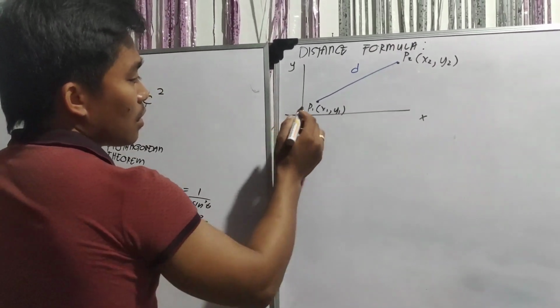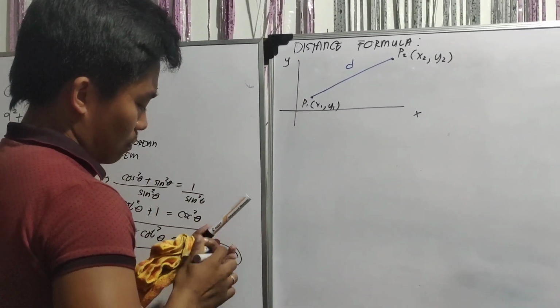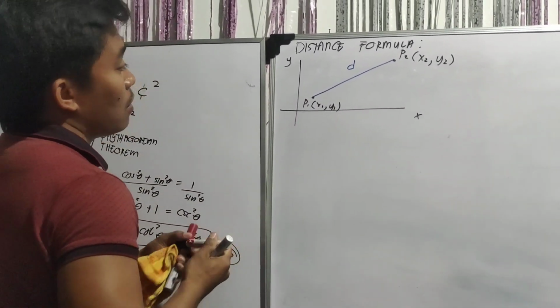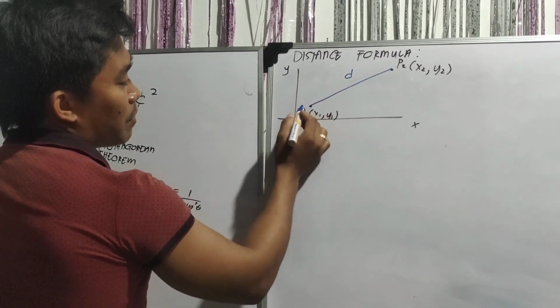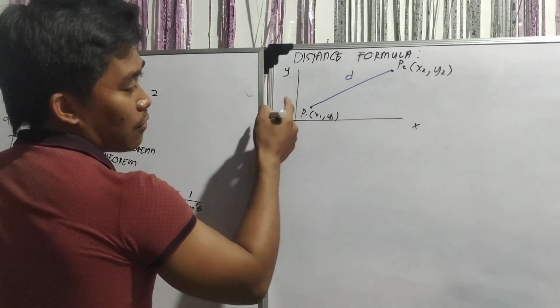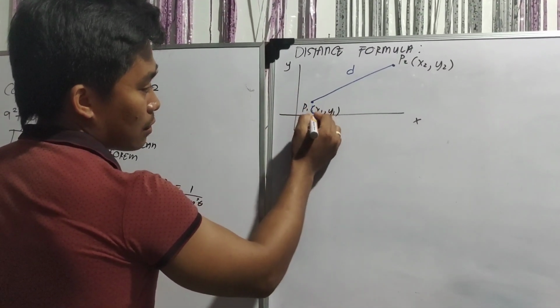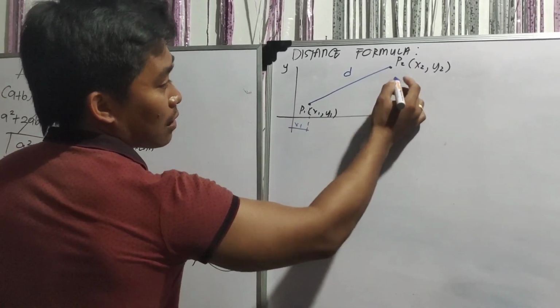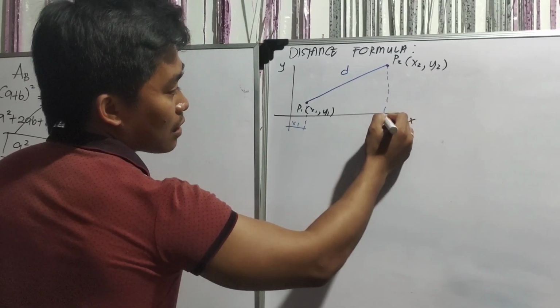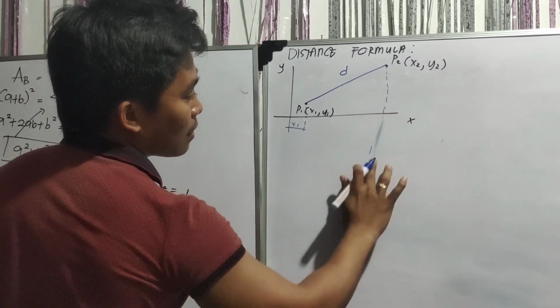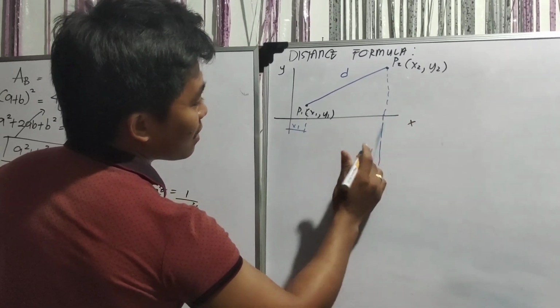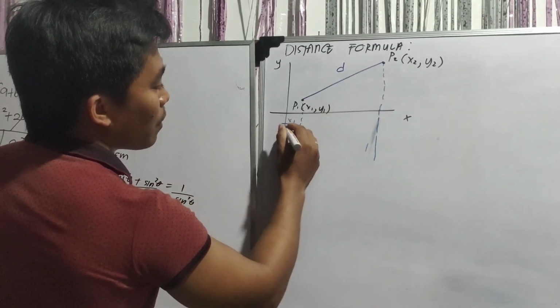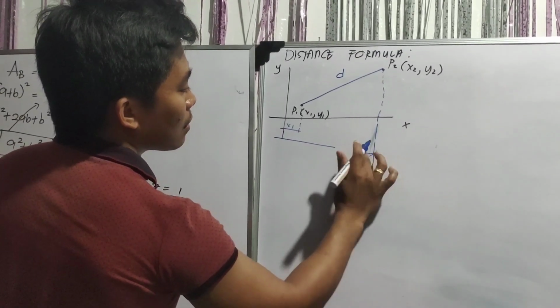Now, this x1 is simply the distance of this point from the y-axis. Okay, this is x1. How about this x2? Of course, this is just the distance of this point from the y-axis.